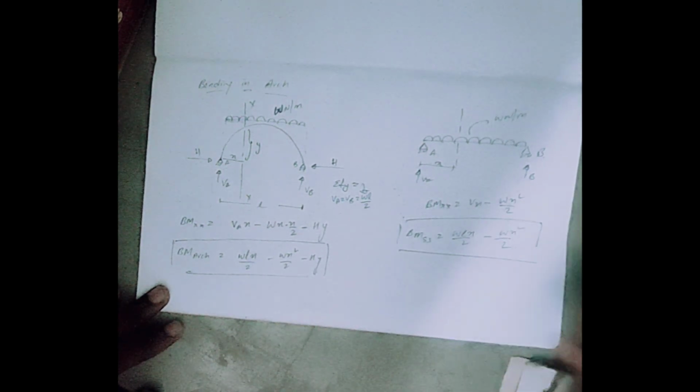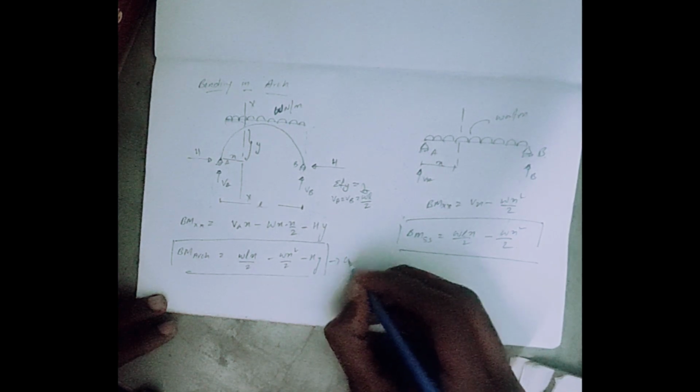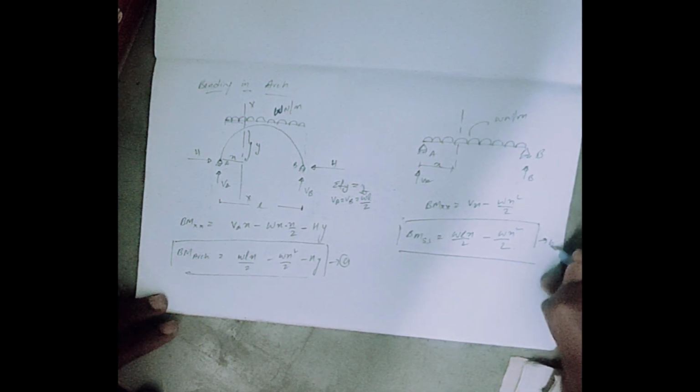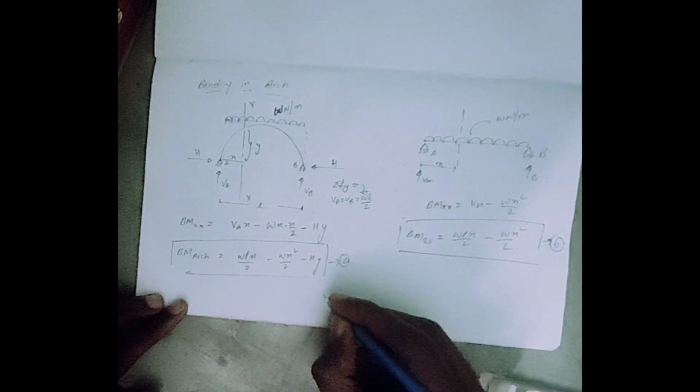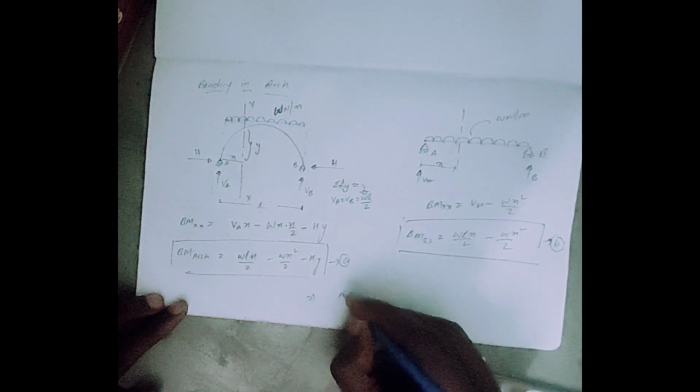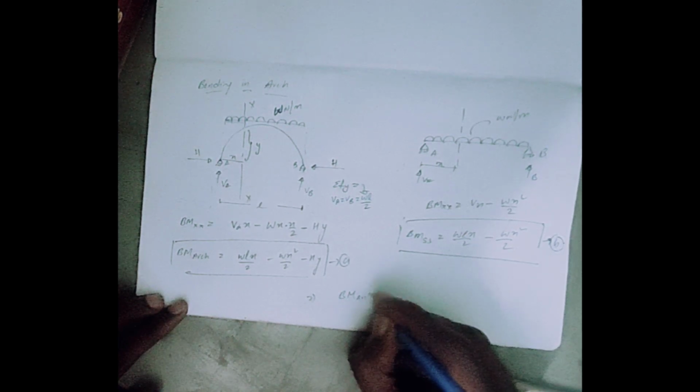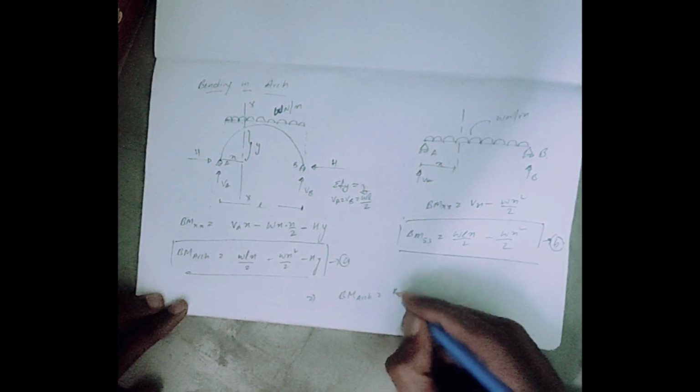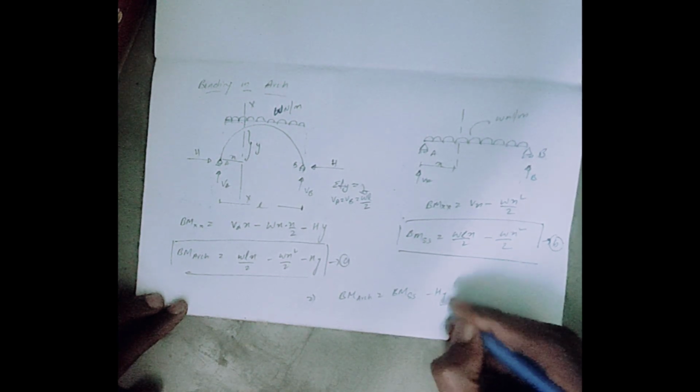So when comparing these expressions, we can get a relationship: the bending moment of the arch is equal to the bending moment of the simply supported beam minus Hy.